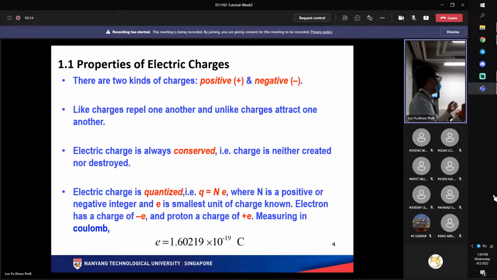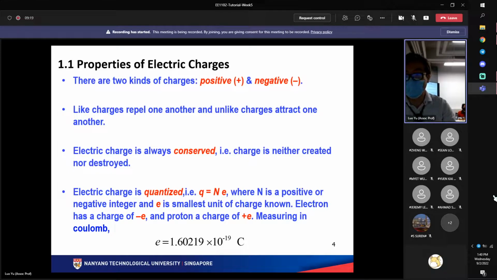If we have 2 positive charges, the force between them is repulsive. The force will also be repulsive if we have 2 negative charges. But if you have 1 positive and 1 negative charge, the force between them is attractive, just like the gravitational force between 2 objects.